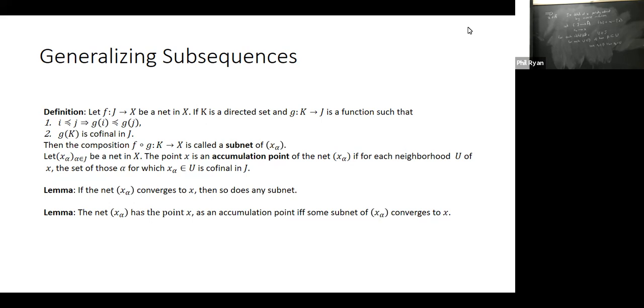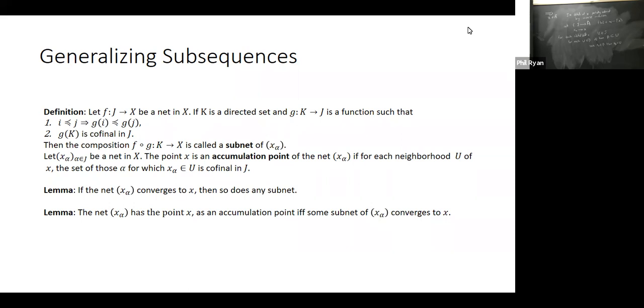And this is what you need to make sure that if x alpha converges to x, then so does any subnet. Because what does that mean? x alpha goes to x means that there's some index such that x alpha is going to be in that neighborhood whenever your index is greater than alpha.